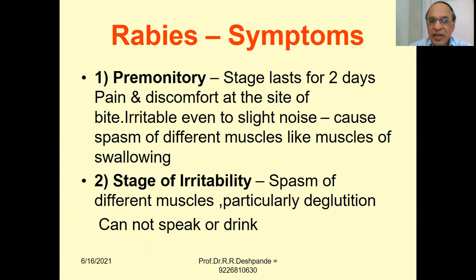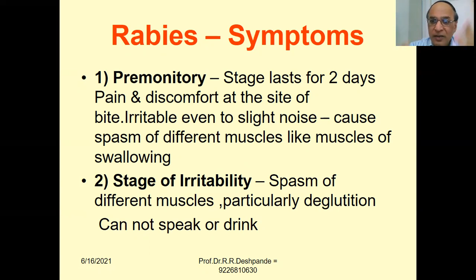Number two, stage of irritability: spasm of different muscles, particularly of deglutition. The patient cannot swallow. The process of deglutition, engulfing the food, engulfing the water, is difficult. He cannot even speak.